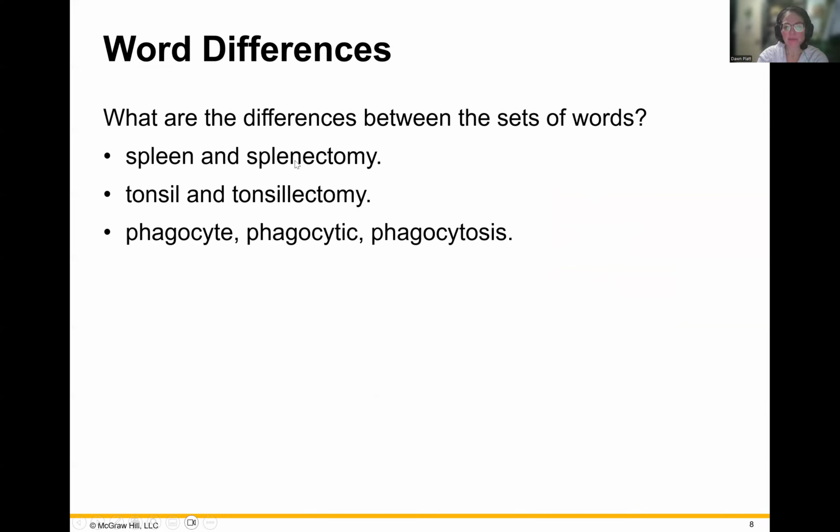Spleen has two E's, but you take one E out when you spell splenectomy. Tonsil has one L, but you add an L in tonsillectomy. So again, just some different spellings that you have to memorize.